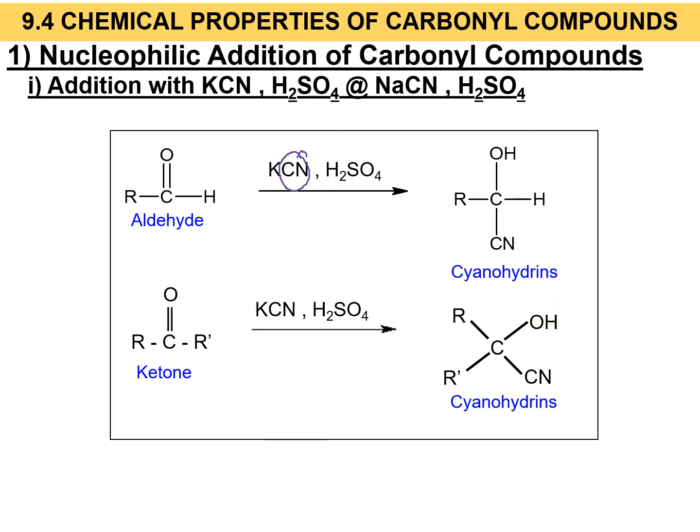This is what we are interested in. And then this is just additional reagent that needs to be paired with the nucleophile, NaCN atau KCN, which is H2SO4. So what you will get ialah cyanohydrins.